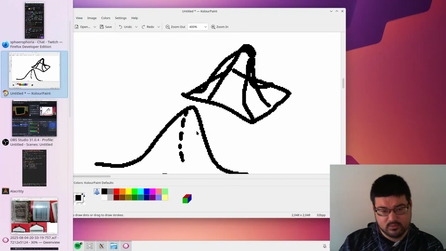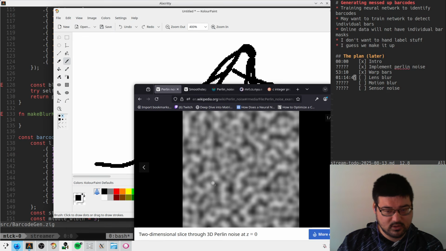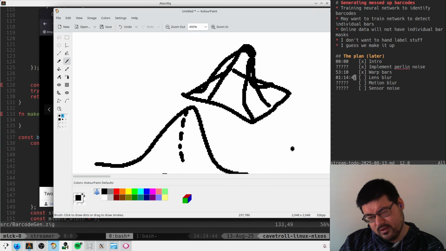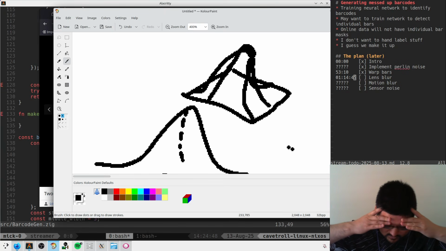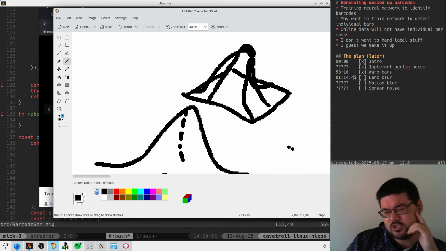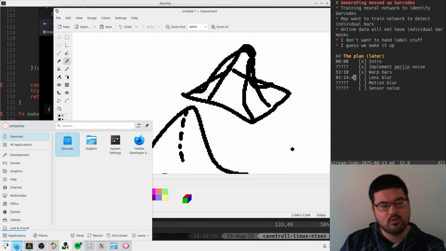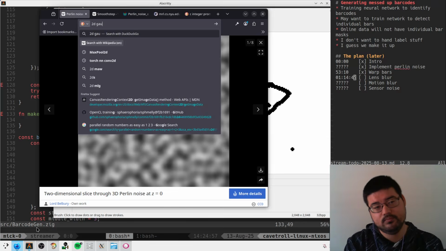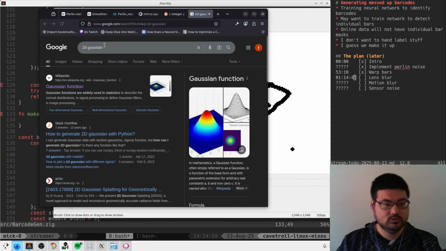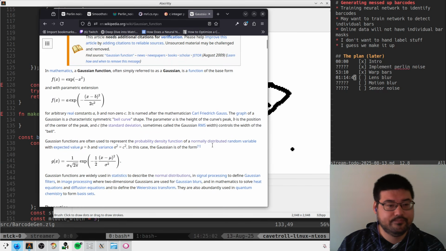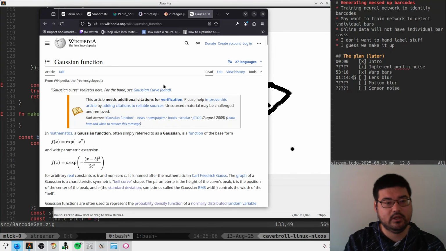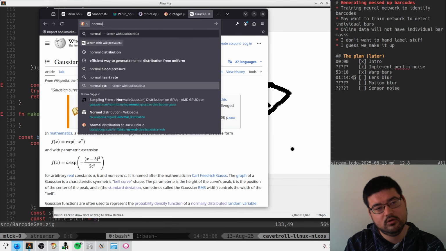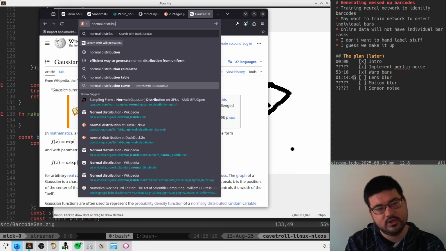Okay, so I assume that if you're doing a 2-dimensional Gaussian, you just multiply one by the other. I don't really know if that's true, though. Can we go to normal distribution?